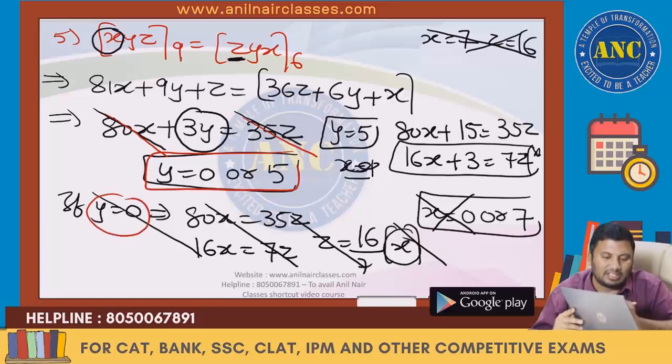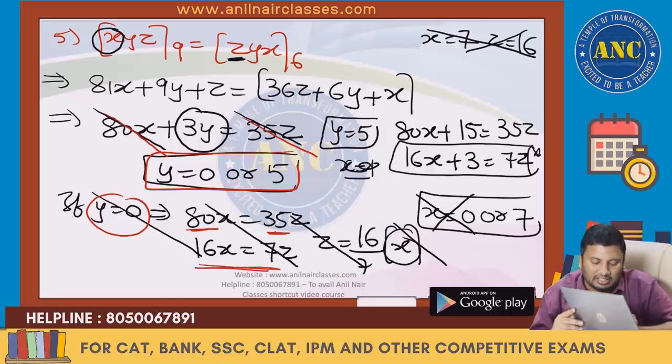If y is 0, 16x equivalent to 7z, z is 16 by 7 of x. X cannot be 0. If x is 7, z is 16, so this case is eliminated. Y is 5: 80x plus 15 equivalent to 35z, 7z is 16x plus 3.